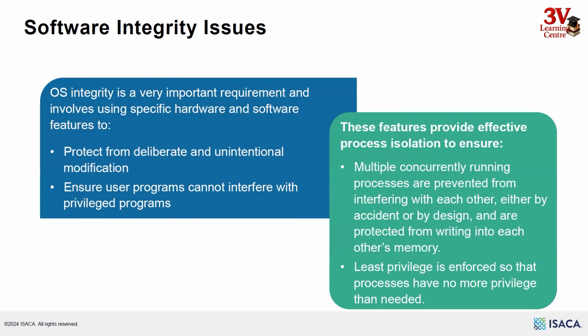And also when it comes to data, a lot of activities happen in memory. So you want to ensure that the memory address for each process is unique and cannot be accessed, either intentionally or unintentionally, by another process.